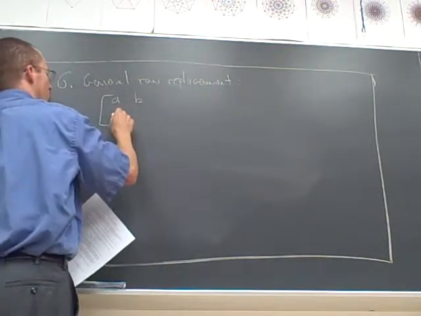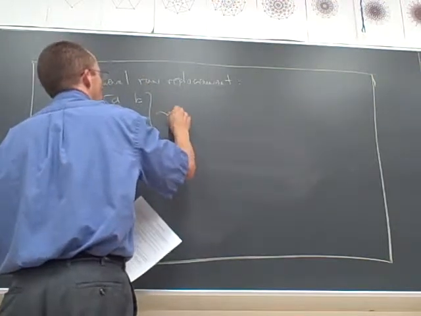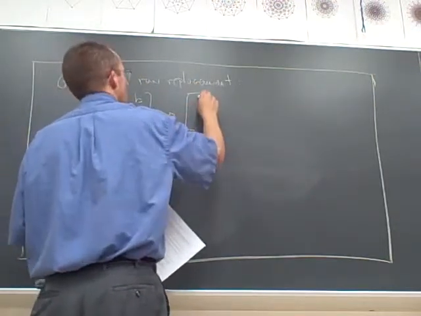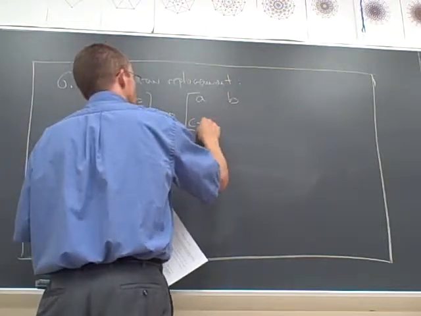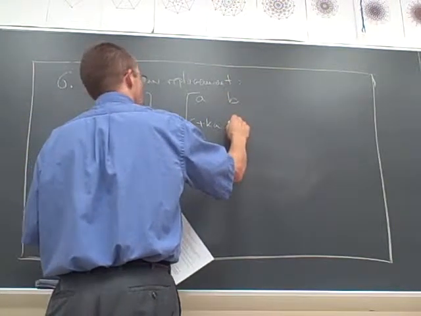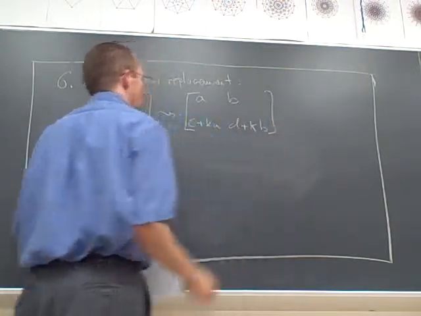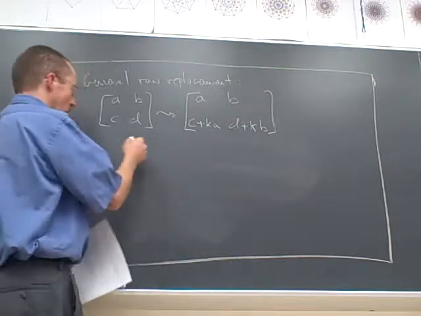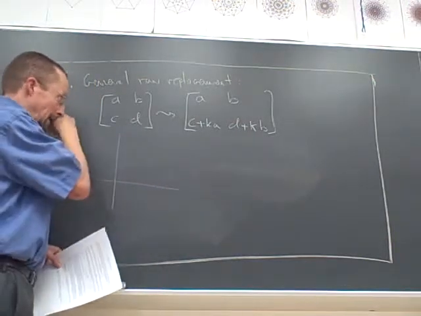You've got A, B, C, D, and that goes to, let's keep the first row the same, and let's say C plus KA and D plus KB. It's all geometry still. Let's look at the picture.